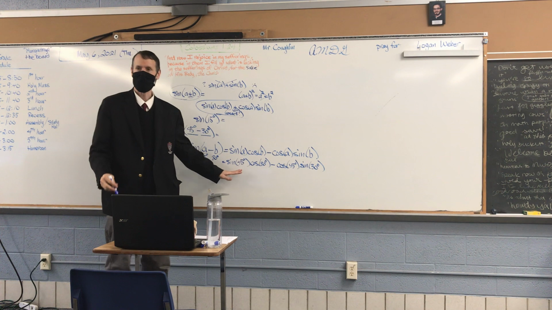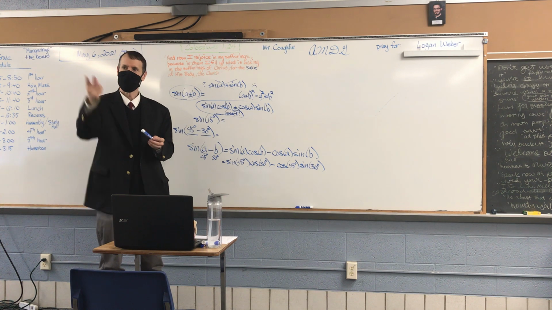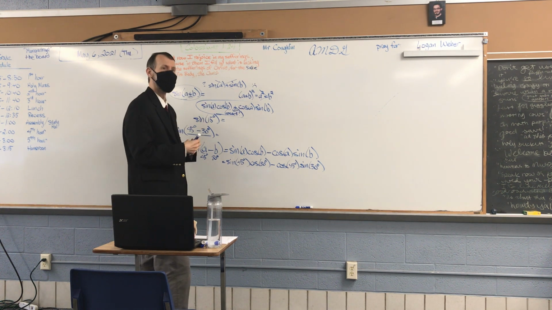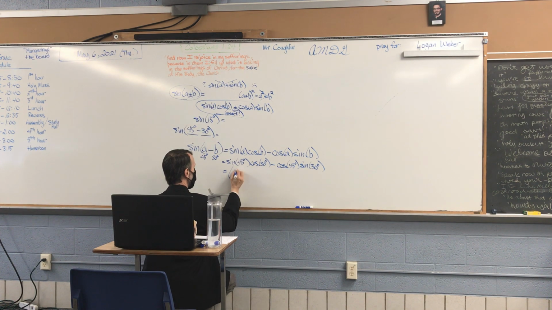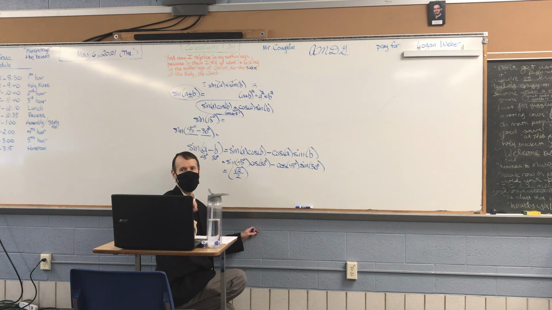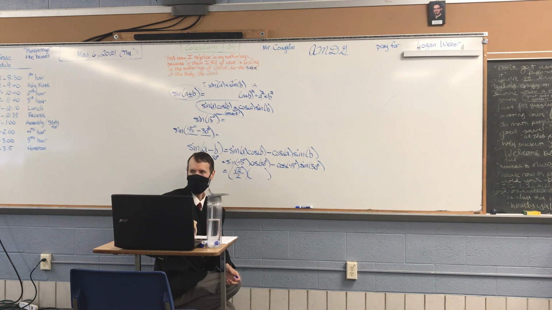Can anybody tell me the sine of 45 degrees? Yeah. Radical 2 over 2. You got it. Sorry, I'm going low here. If my laptop's in the way, let me know. What's the cosine of 30?